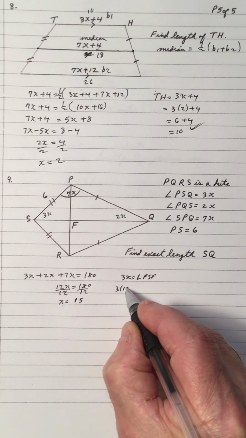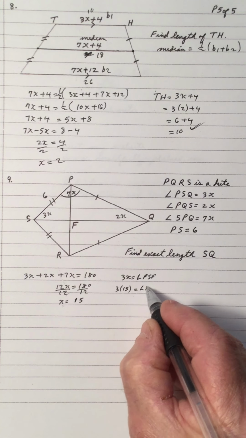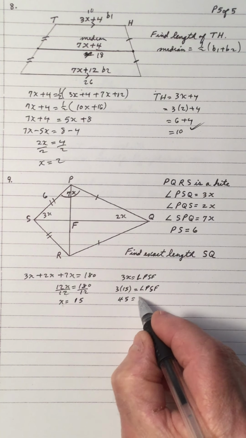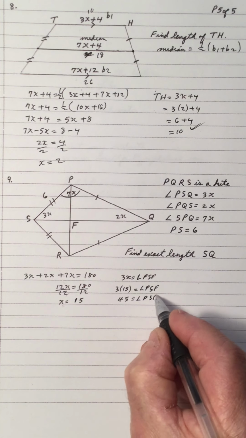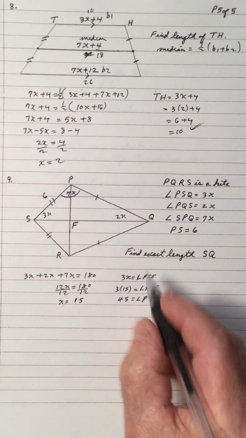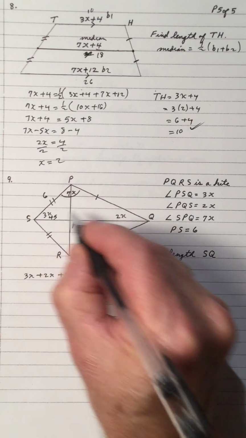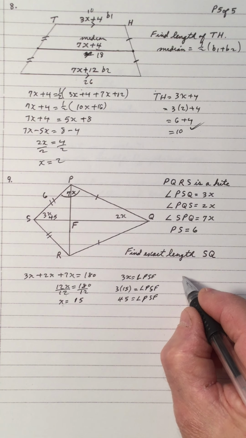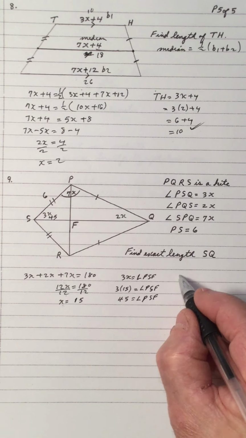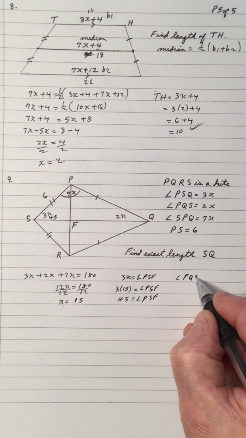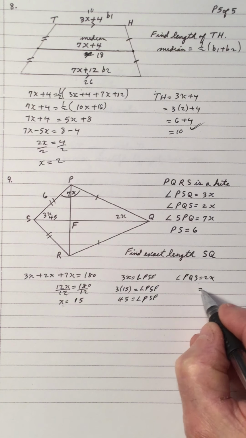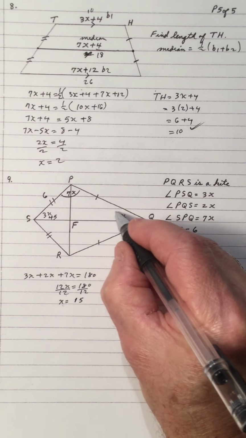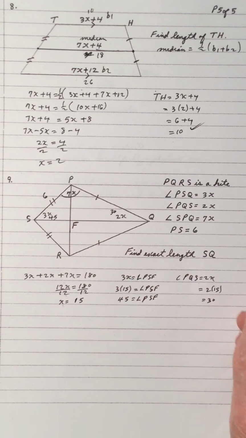So 3 times 15, that means angle PSF is equal to 45 degrees. So if this angle is 45, and x is 15, so that means that angle PQS is equal to 2x, so 15. So that means that this angle is 30.